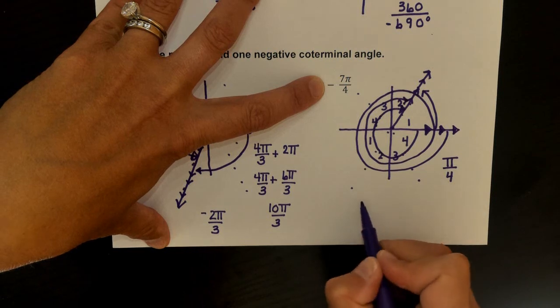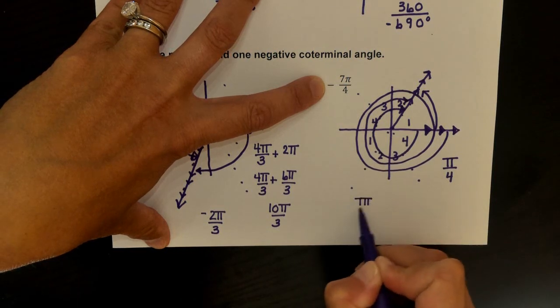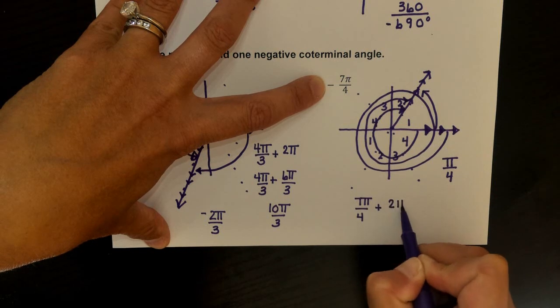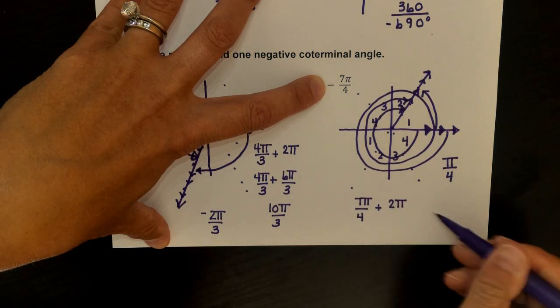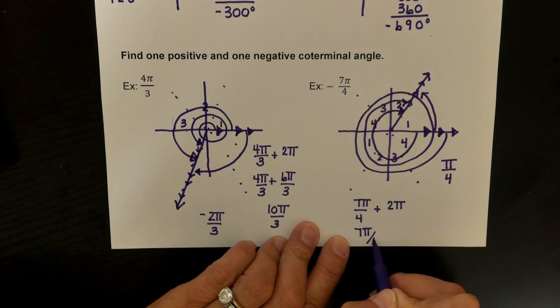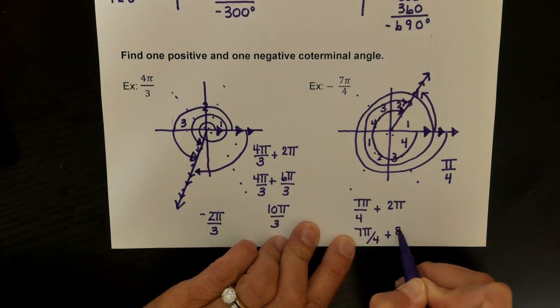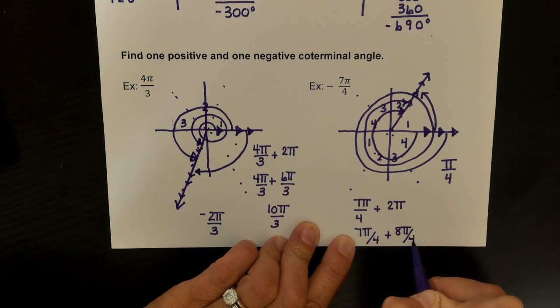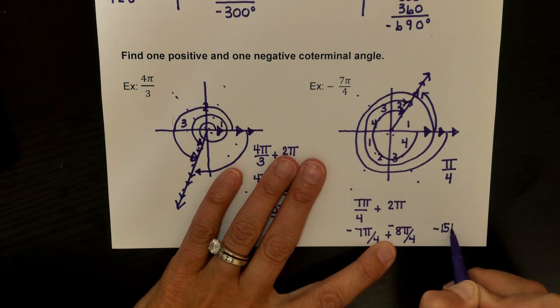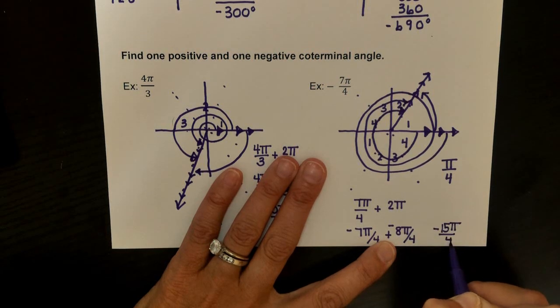So I have my original, and then I went another full circle. 2 pi, remember, in fourths, would be 8 pi over 4. And remember, this is all negative, so it's negative 15 pi over 4.